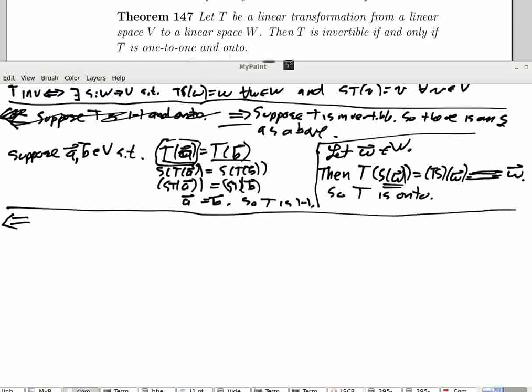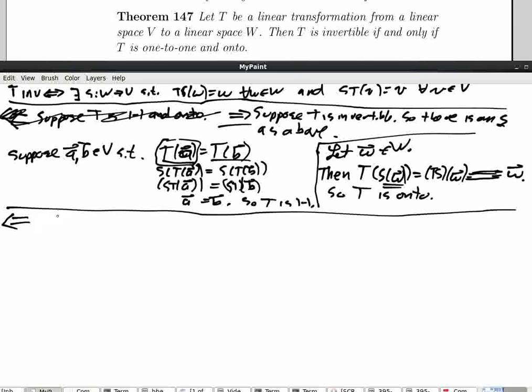I'm going to define a function S. So I'm going to let, how about w belong to W?